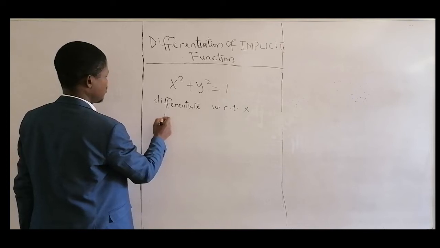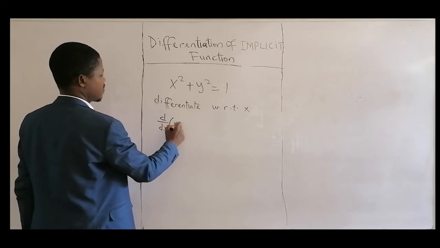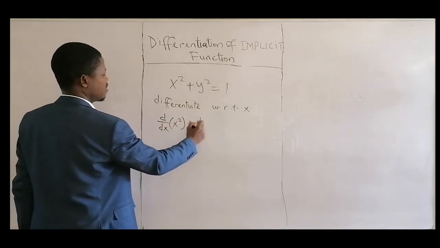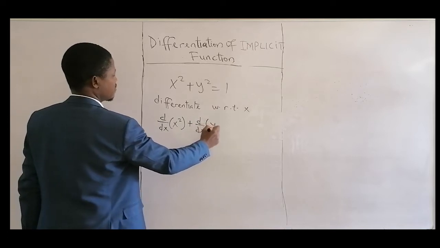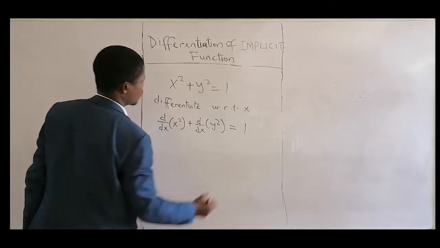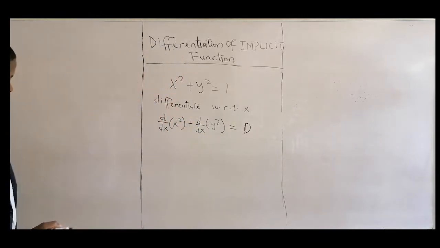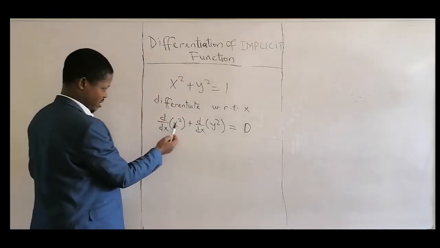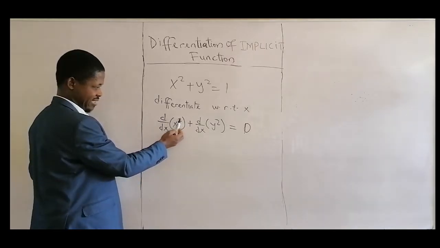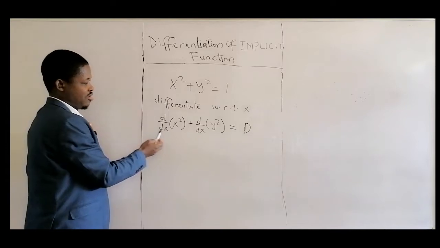So this will be equal to d/dx of this plus d/dx of this equal to what? Equal to 0. Differential coefficient of 1 is 0. So you can see now that this one, the x squared, is differentiated with respect to x.